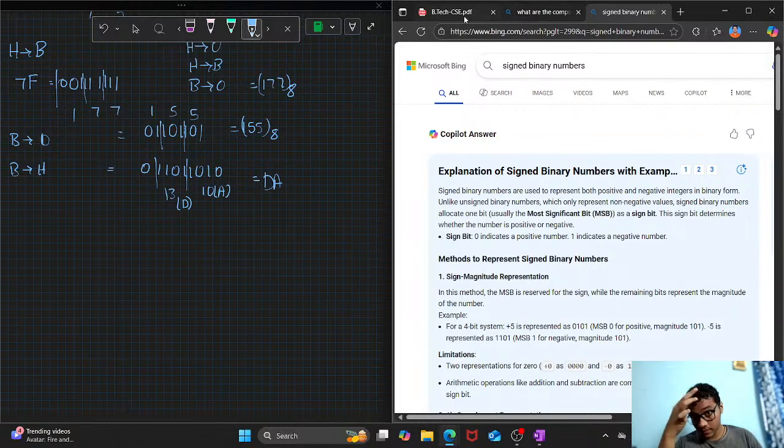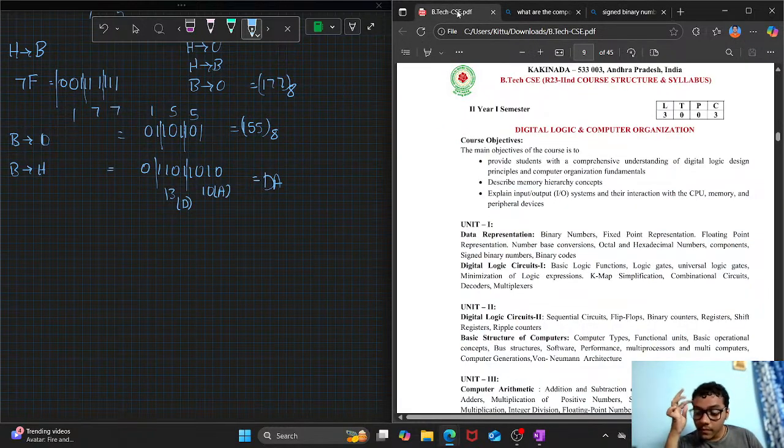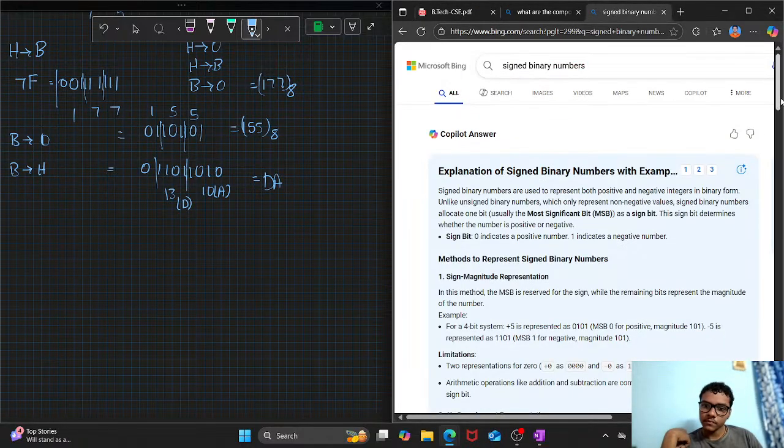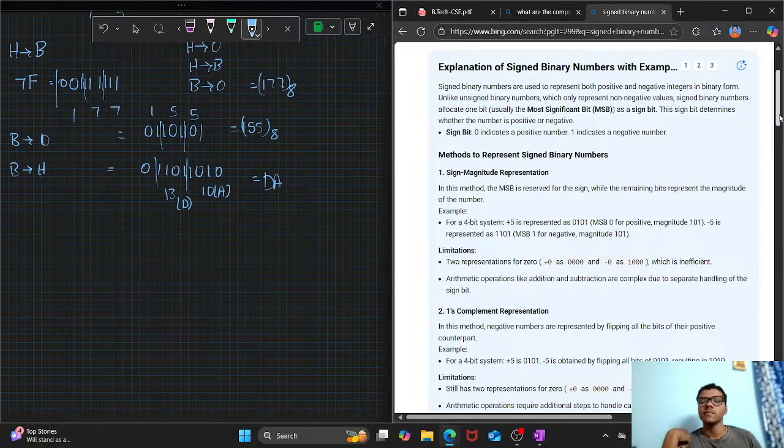Yeah, this is all we got to see. Signed binary number representation. And let's see this.